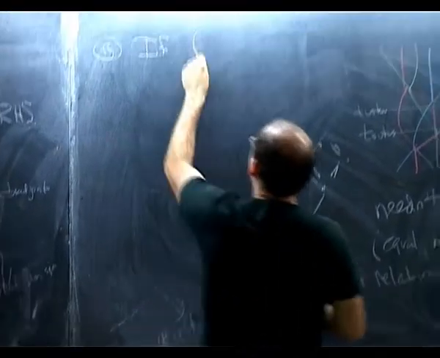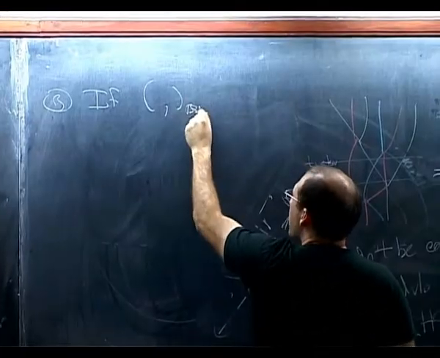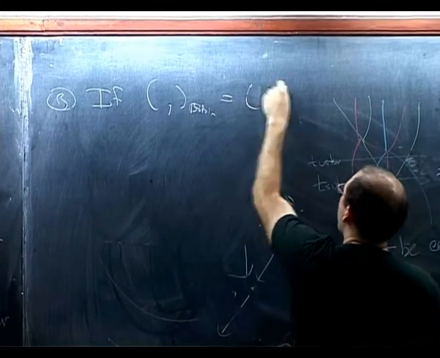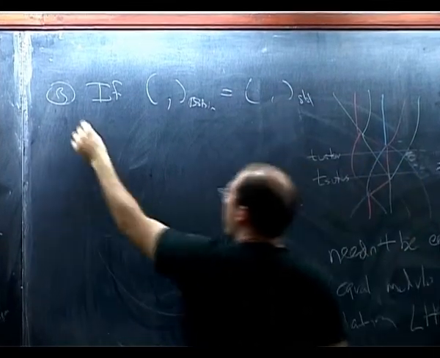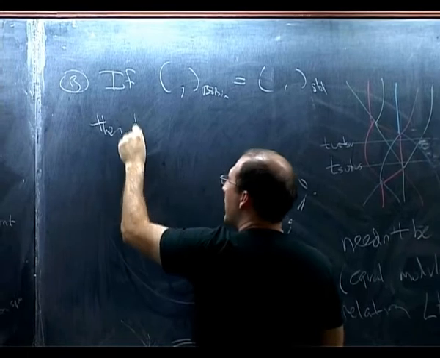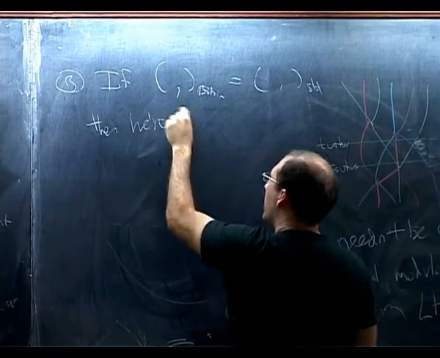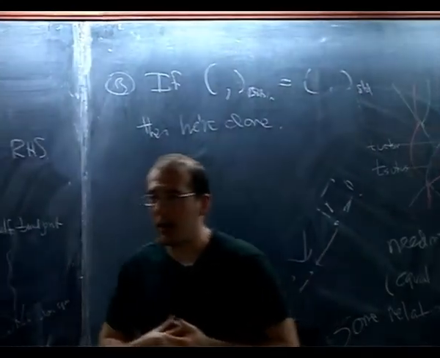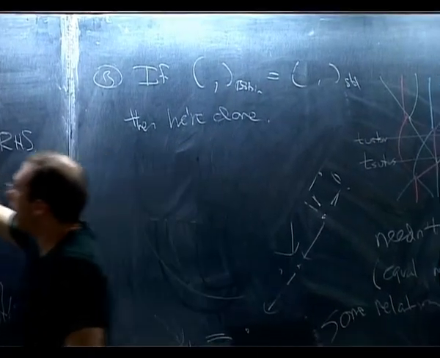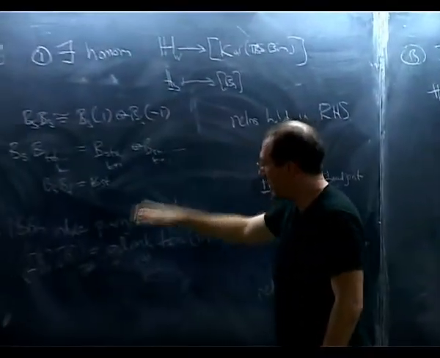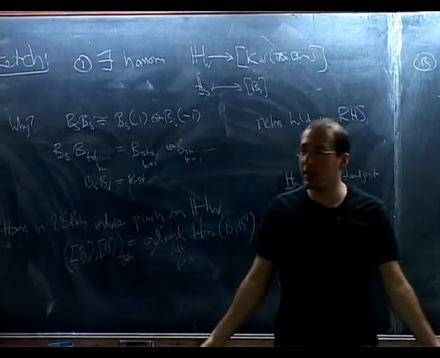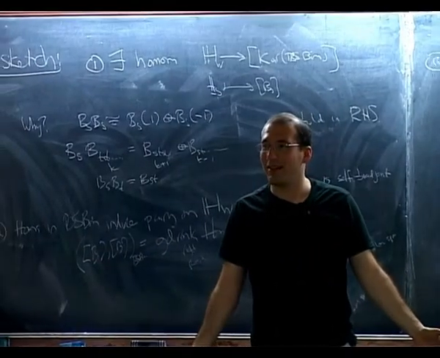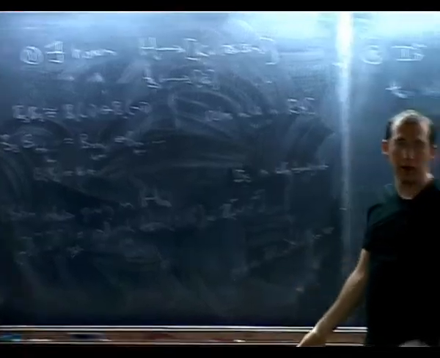So if the pairing associated to BS-BIM is equal to the standard pairing, then we're done. First off, this map must be injective because the standard pairing is non-degenerate. So nothing goes to 0.